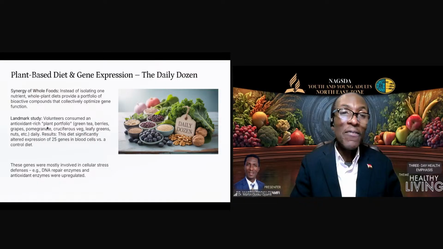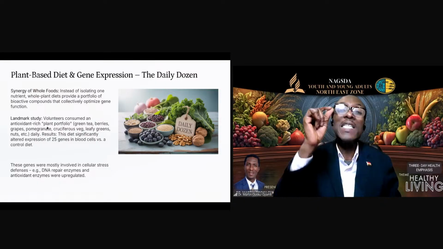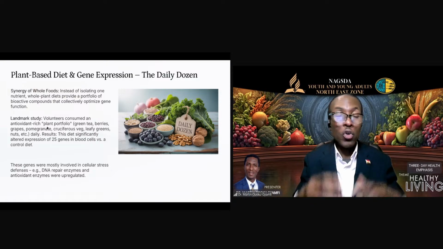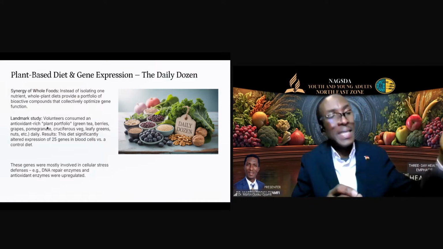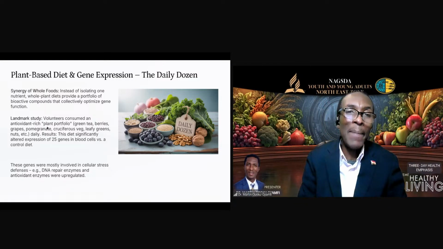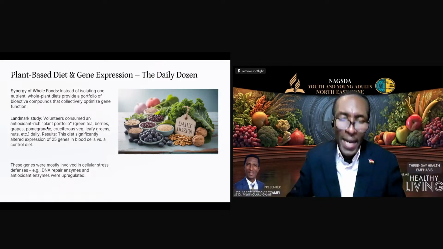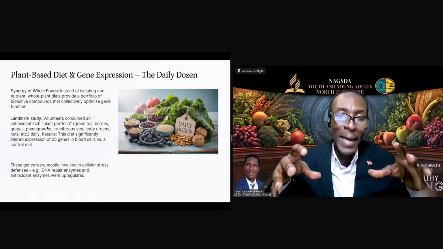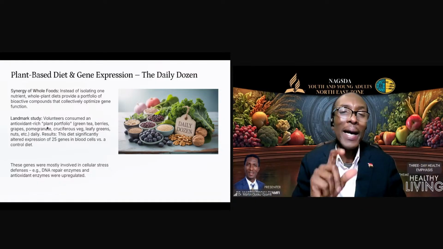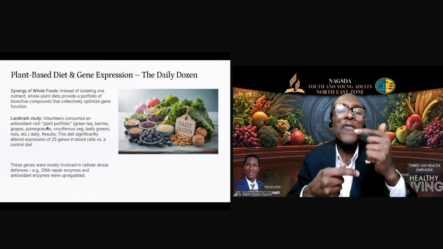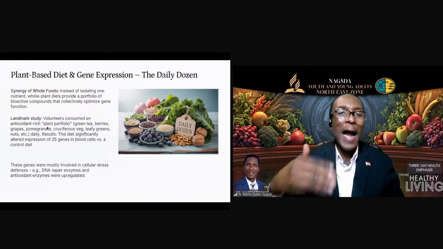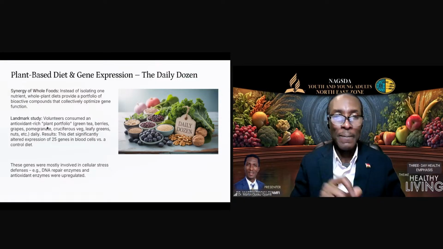This diet significantly altered the expression of 25 genes in the blood cells versus a control diet. So they took people who ate their normal diet, and then they took some others and gave them this type of diet, plant food. And then they drew their blood and studied the genes, and they saw that with the plant food, 25 genes, positive epigenetic tag genes, had been modified in the blood.